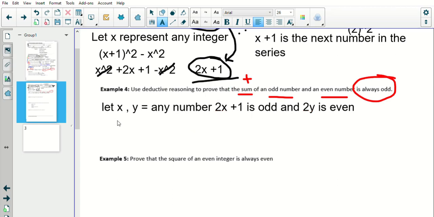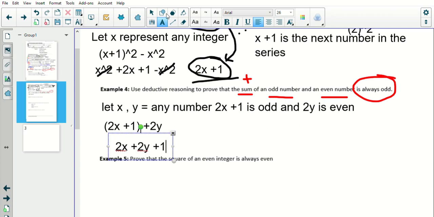The sum of them, I'm going to have bracket 2x plus 1, bracket plus 2y. There's nothing more I can do there. So let's see if we can rearrange this to get things together. I can move that y around, so it's 2x plus 2y plus 1.